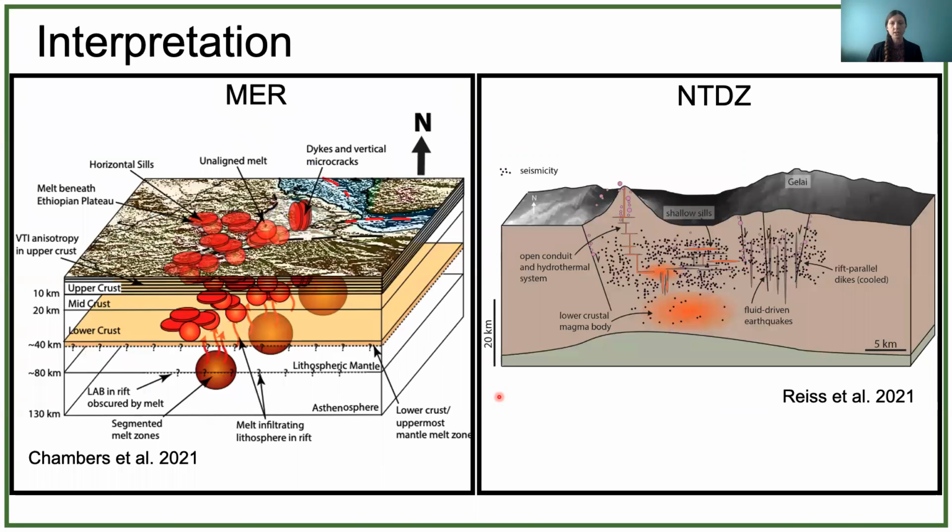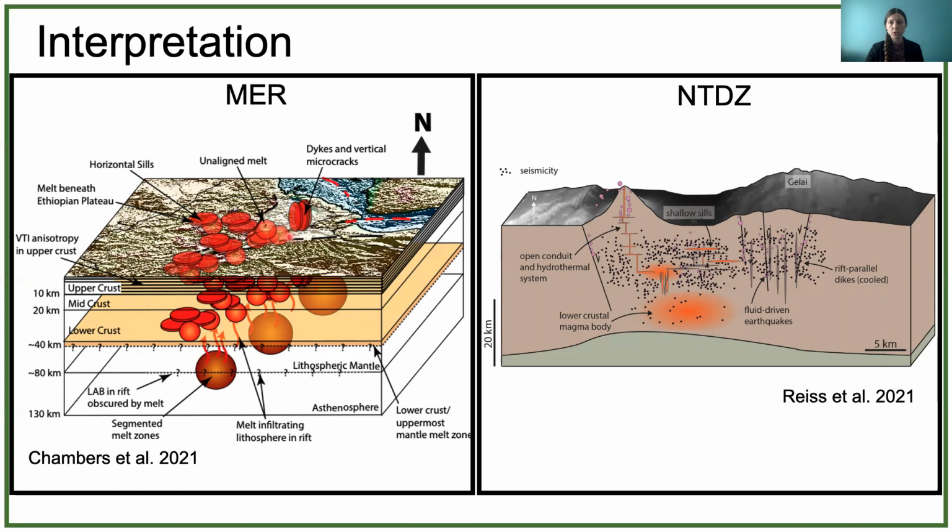We can also plot these as two schematic cartoons, with the main Ethiopian rift on the left from a recent study by Chambers et al. 2021, where we see gradually shallowing melt bodies in the crustal depths shown by the disks through to the Afar region.